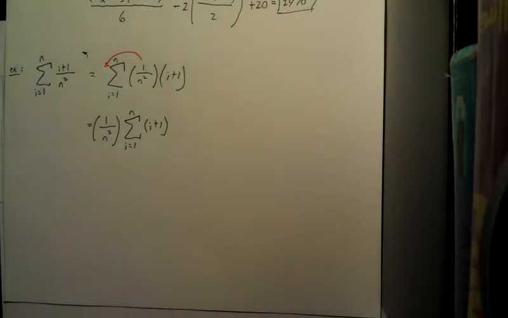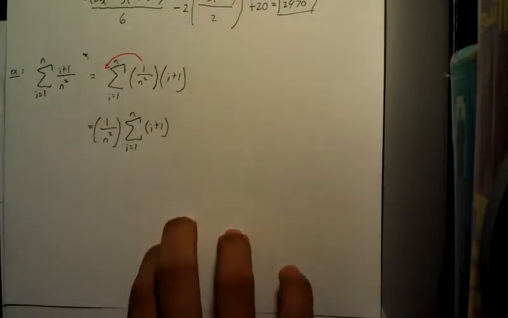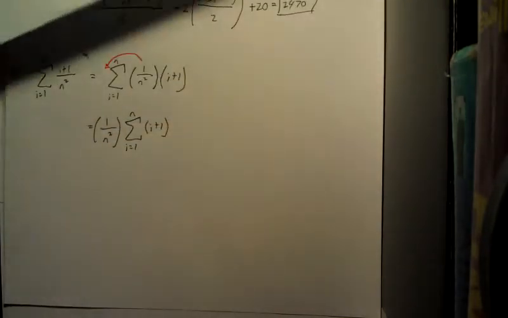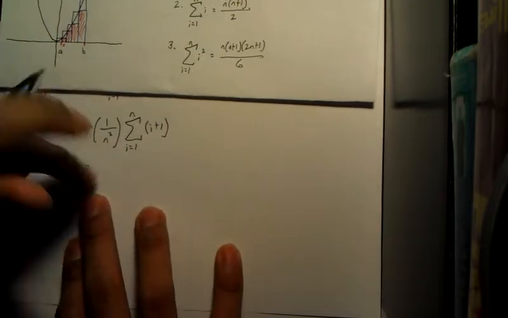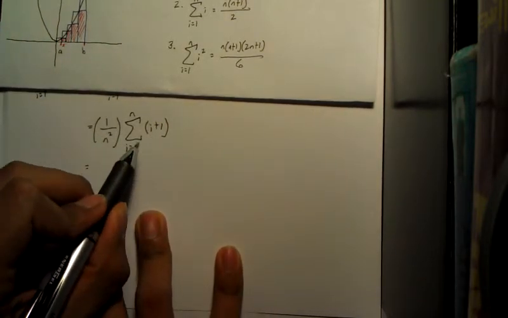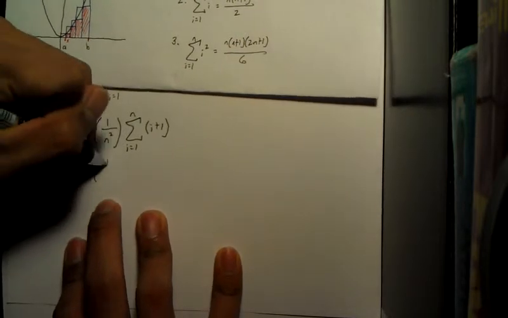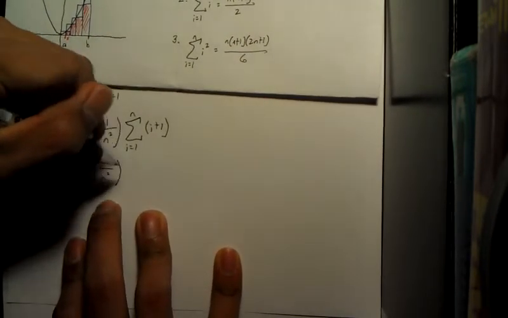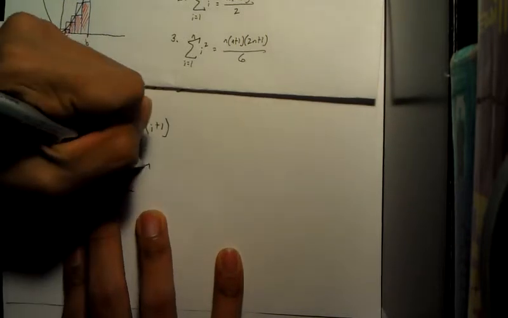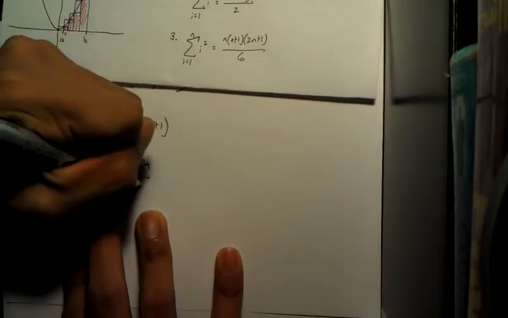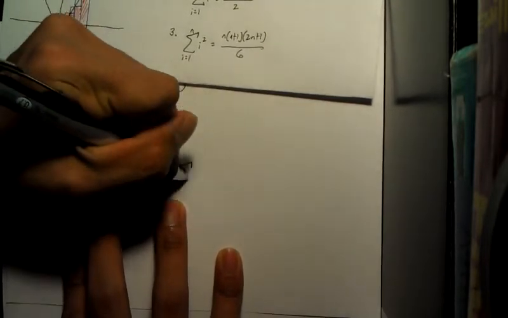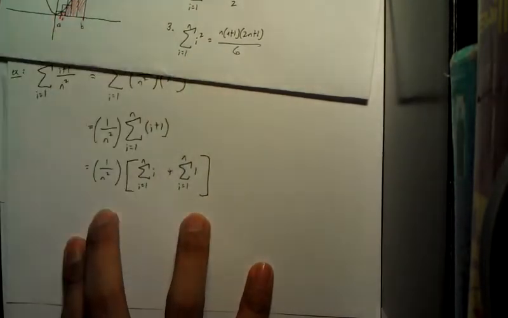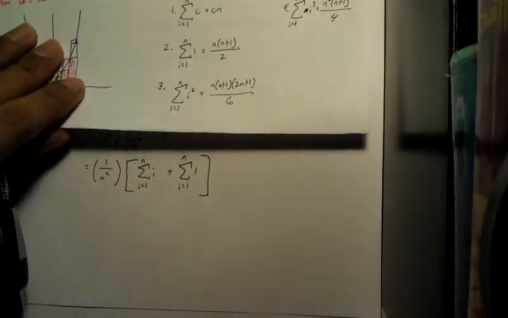And then once again, we can separate this part out into two summation problems. So it would be the sum of i plus the sum of n, like that.